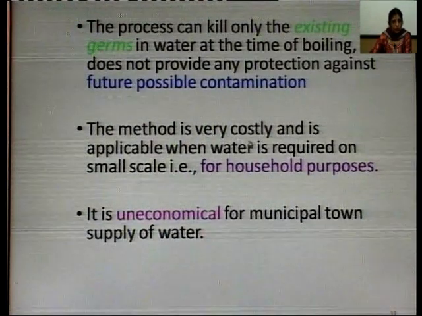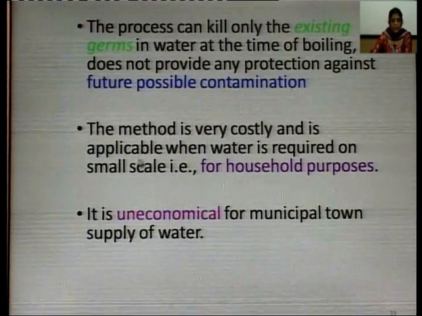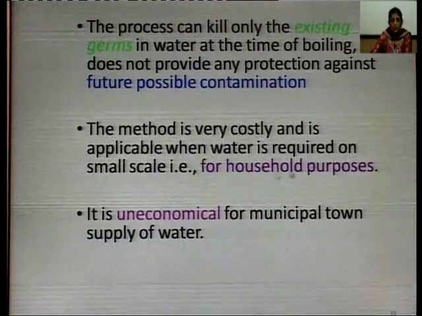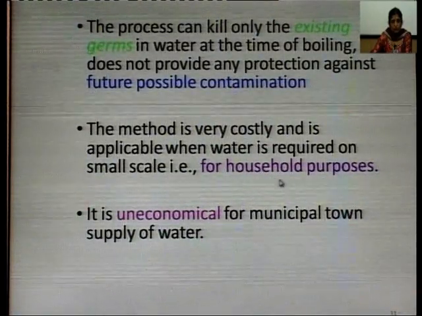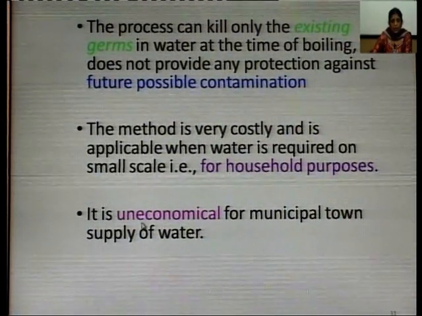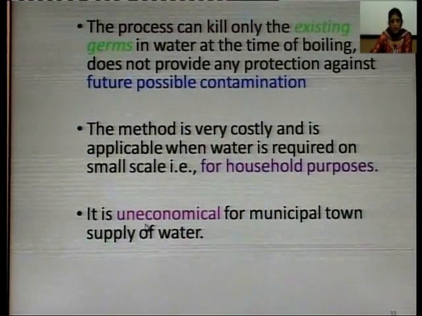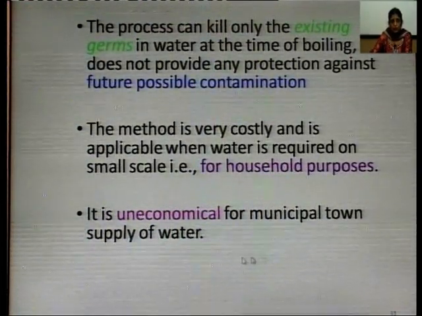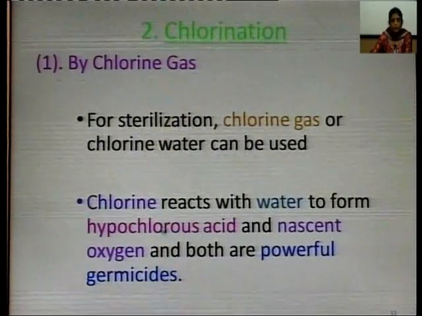This method is costly and is applicable when water is required on a small scale, that is for household purposes, and naturally it is uneconomical for municipal town water supply.